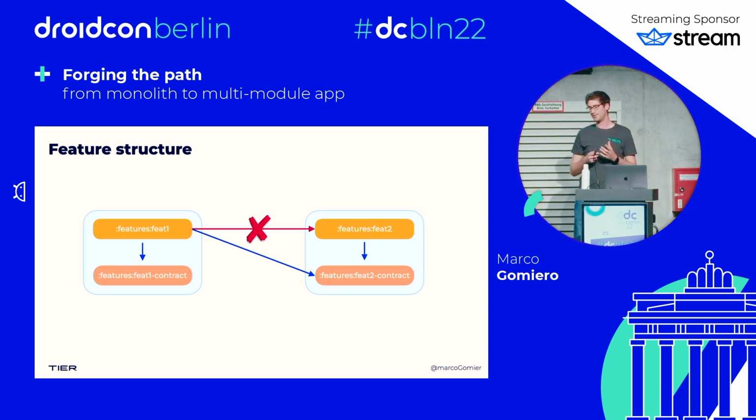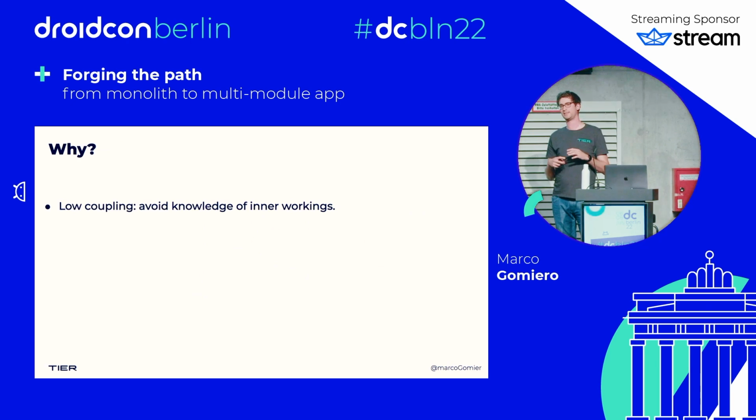You may be wondering why. There are different reasons. The first one is that with this specific structure, you will have low coupling between modules, because a module doesn't care to know the internals of another module, but just says: give me an interface, and I will bear with that.